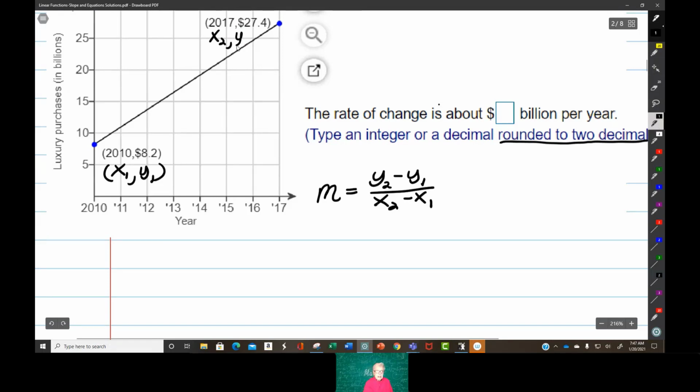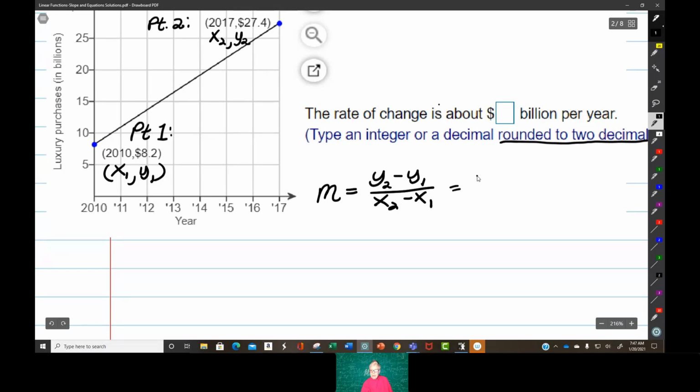I was thinking of the next thing I was going to say. All of the little numbers, the ones and the twos, all they mean is I decided to make this point, point 1, and this point, point 2. This is the first point. This is the second point.